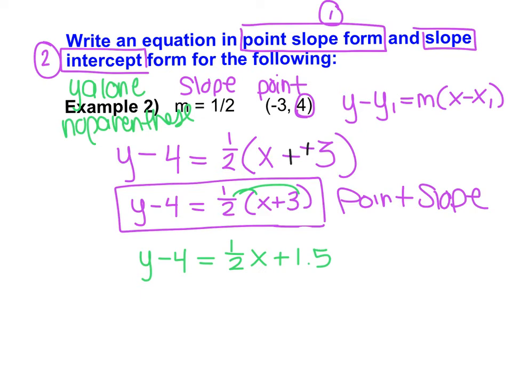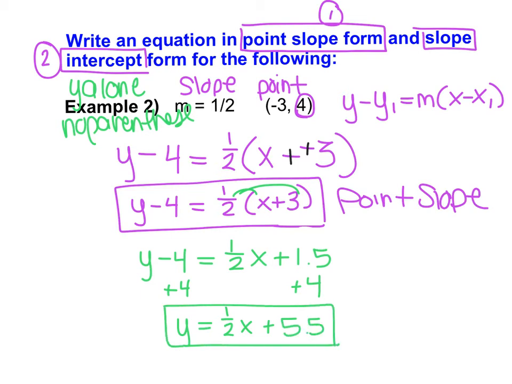Then from here, we're going to add 4 to each side to get the y alone. So we have y is equal to 1/2 x plus 5.5. So we can see here that we have our slope-intercept form where y is alone. So you can see that y is alone, and we have y equals mx plus b.